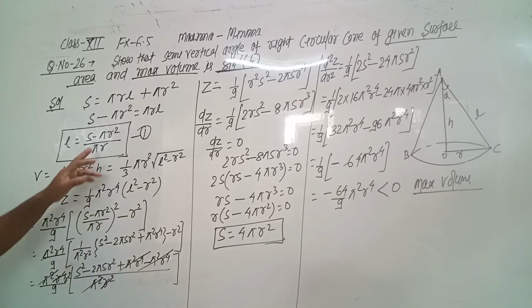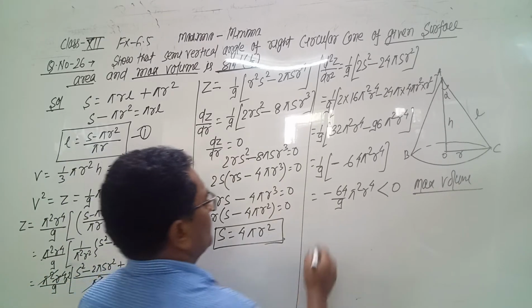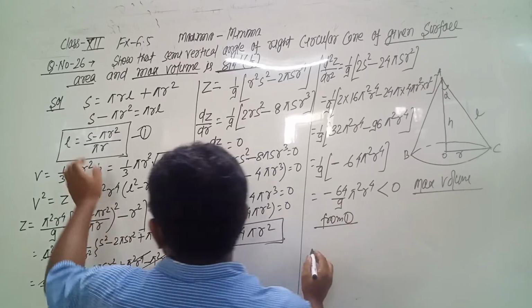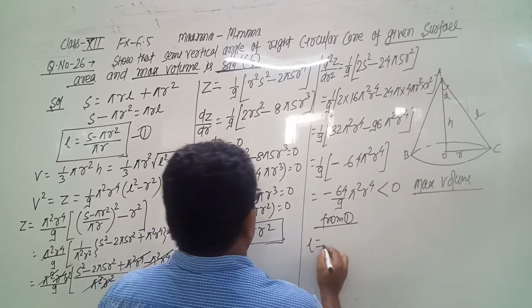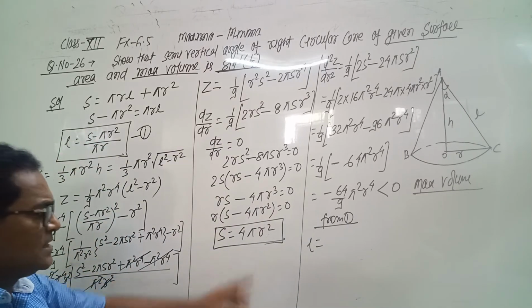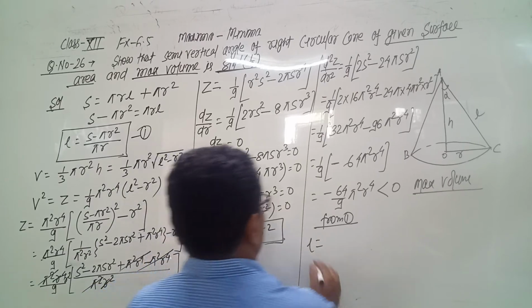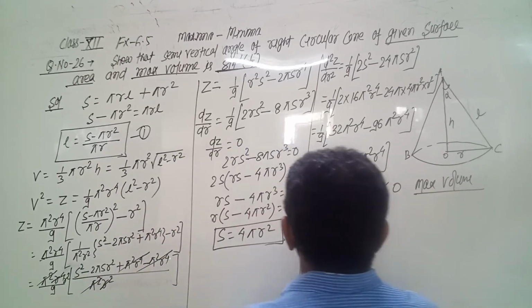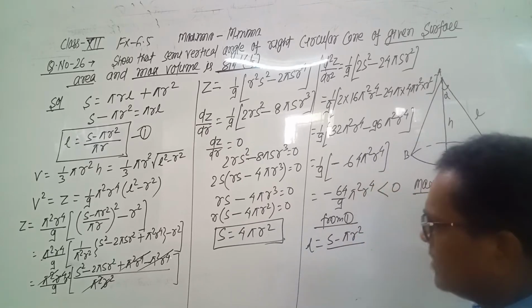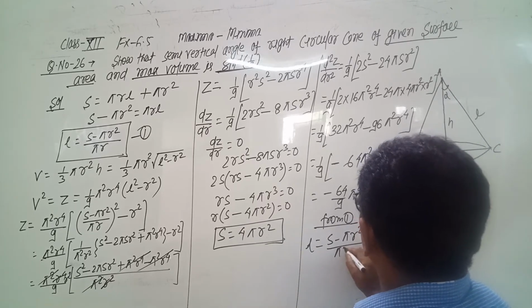Now from equation number first, the value of L is S minus pi r², and the value of S is 4 pi r². So L equals S minus pi r² upon pi r.